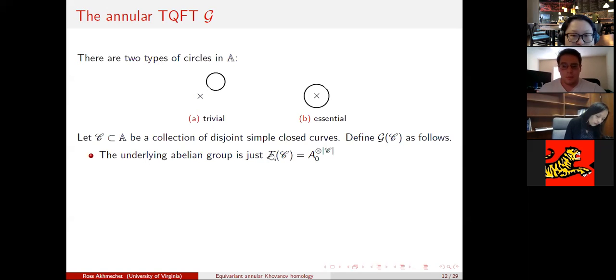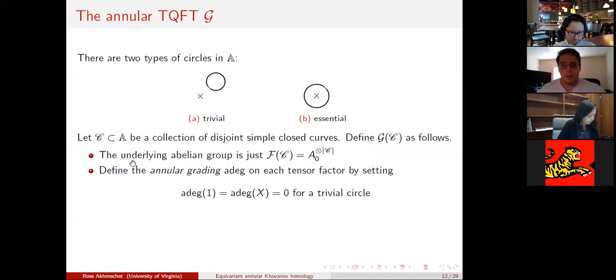So F, if you remember, or if you don't remember, is just Z[x] mod x squared. And so that's going to give you a bunch of tensor factors of this Frobenius algebra A_0, which is Z[x] mod x squared. And these brackets mean the number of components in C.